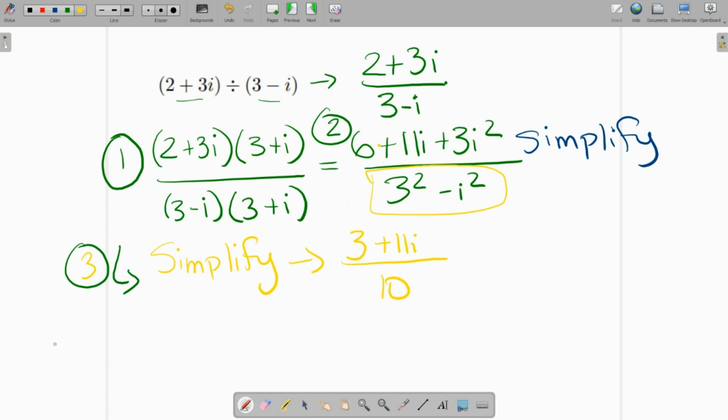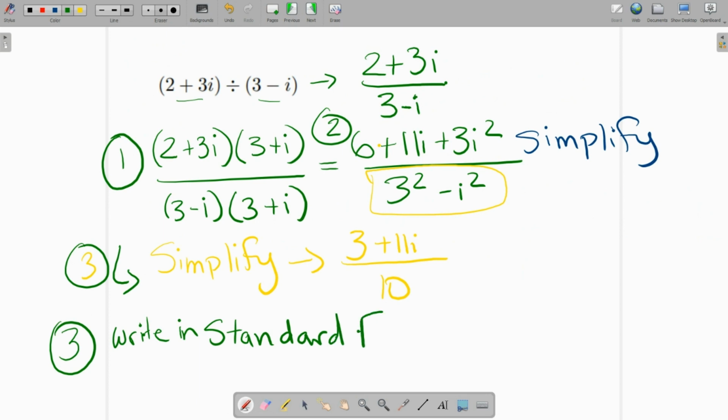That's always how your answer should be accepted by your teacher. Your teachers always want it in the standard form, which is a plus bi. So how do we write that? We'll write in standard form, and this is very simple, we just split it in half.